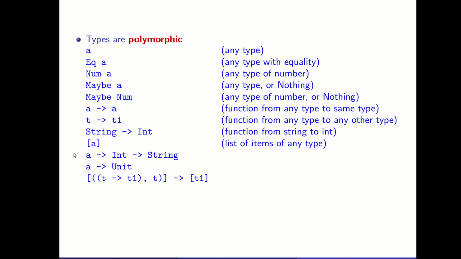Here is a function that takes two argument types, but in Haskell, this is shown as a function that gives a function, so a function that takes any type and gives a function that takes an integer that then gives a string.